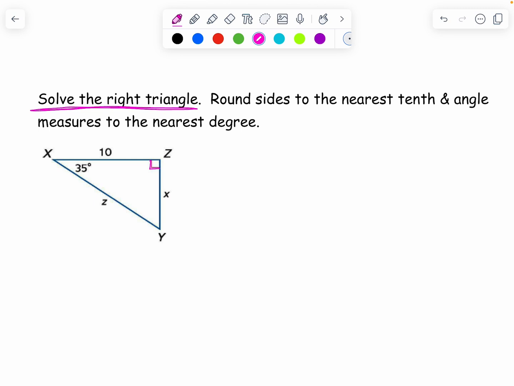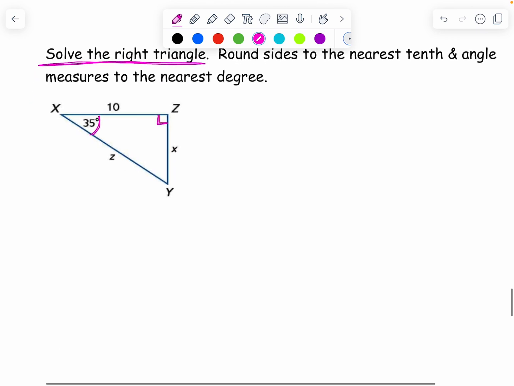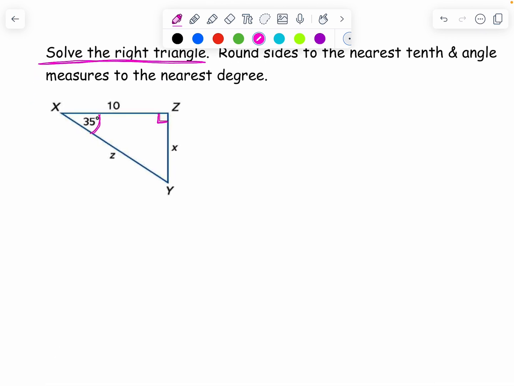Now, since they have given us two angles, because we know that we have a 90-degree angle here, we have a 35-degree angle here, the easiest thing to find is going to be the other angle. Now, I'm going to go ahead and make a list of everything I need to find. So for angles, the only angle I need to find is y. So I need angle y.